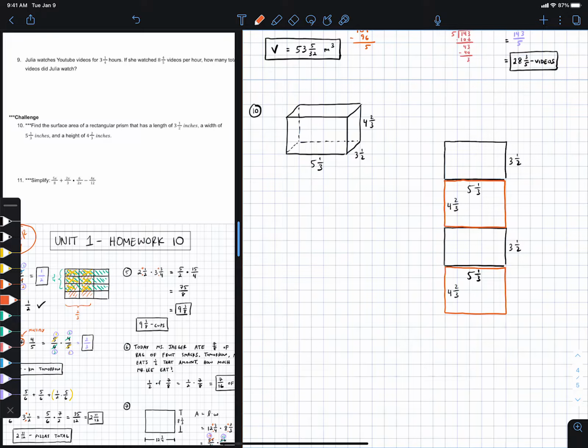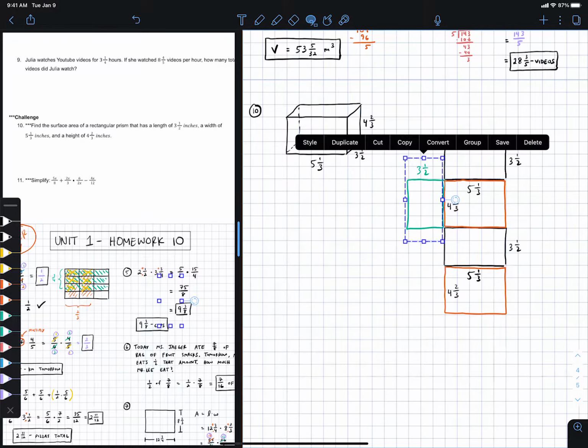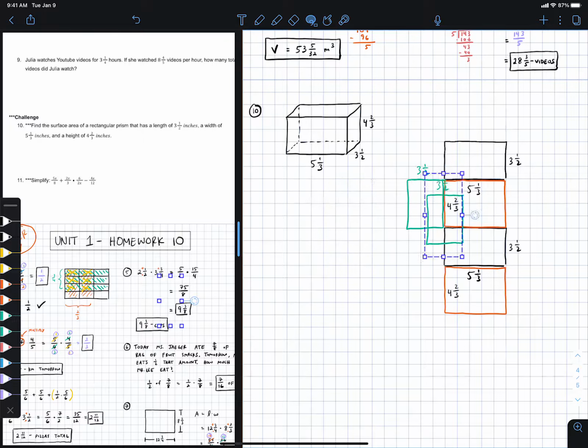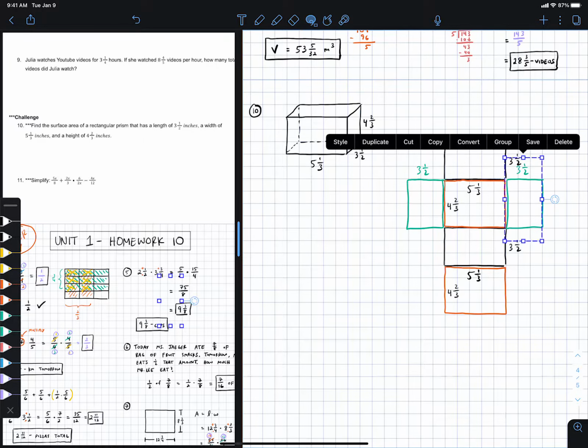Then the left and right sides are 3 1/2 by 4 2/3. Let's write that in. So this would be 3 1/2, and we should have another 3 1/2 on the other side as well.